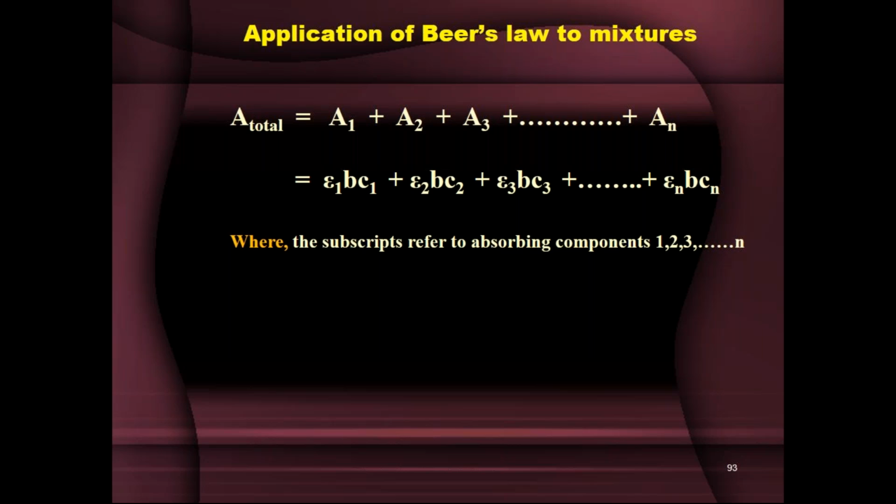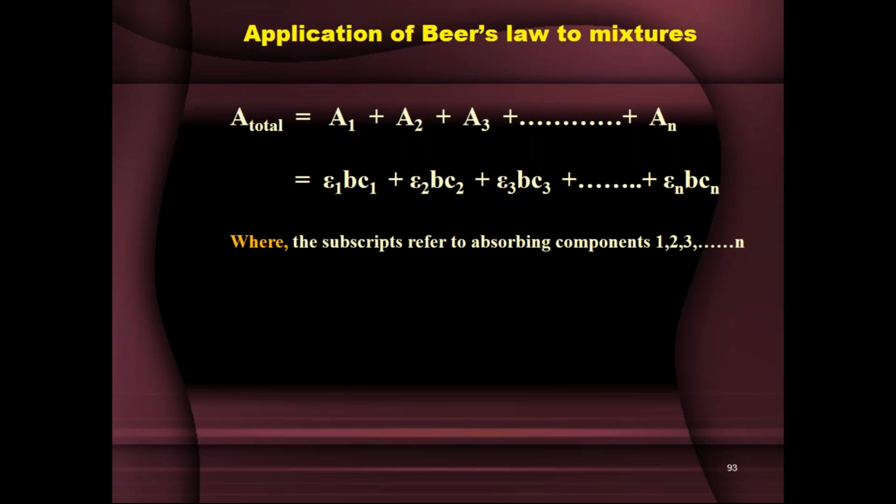In A equals epsilon bc, epsilon is characteristic of the substance, and b is the path length, which is characteristic of the cell or the instrumental component that we're using for measurement. It's not going to change.